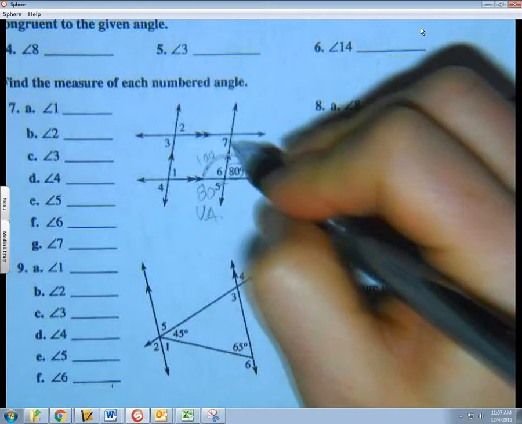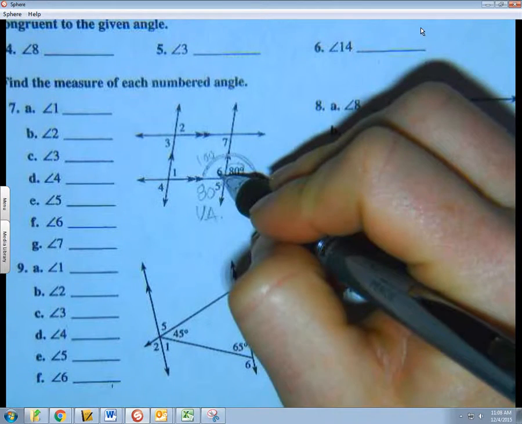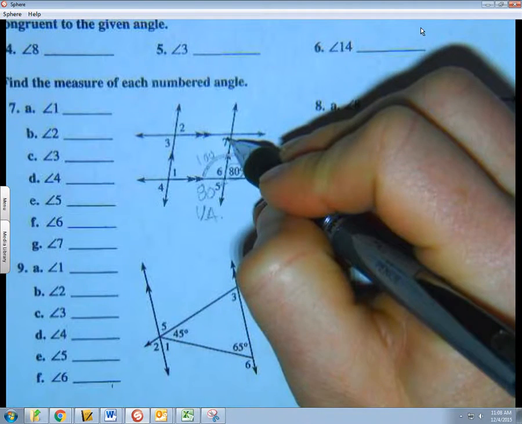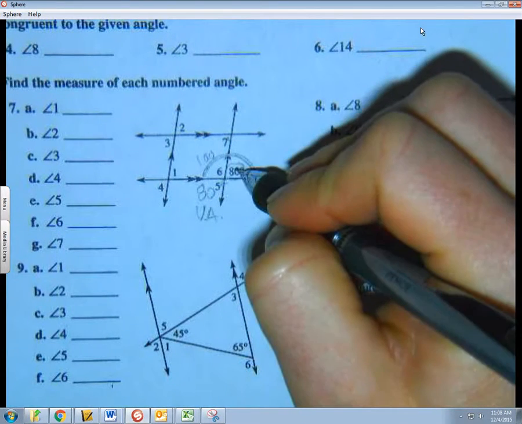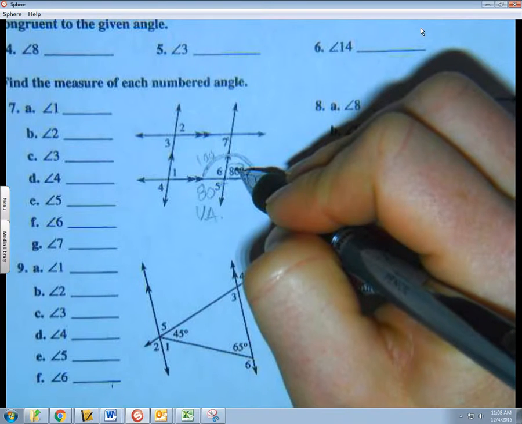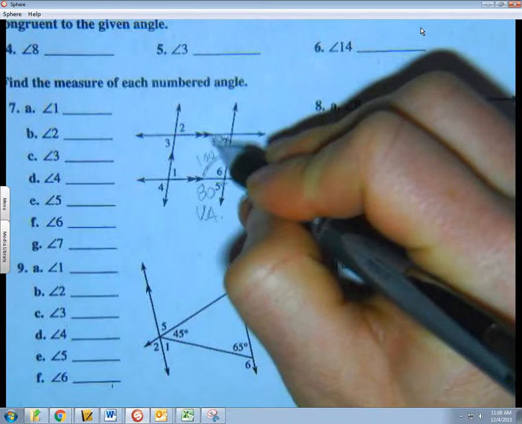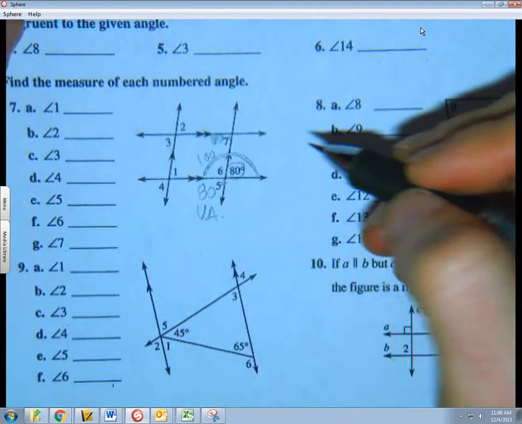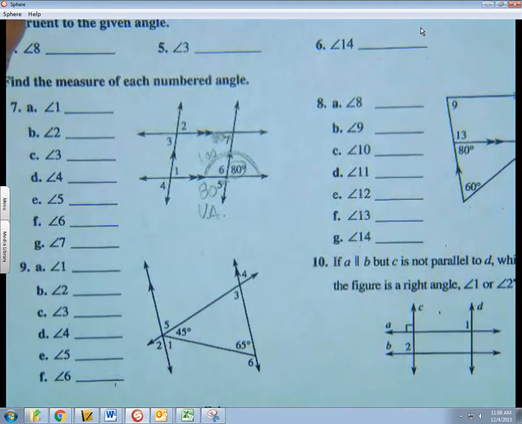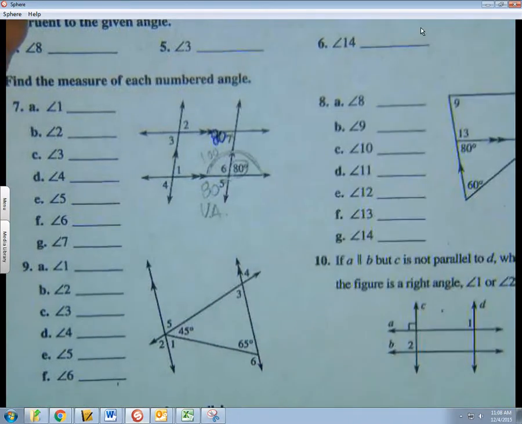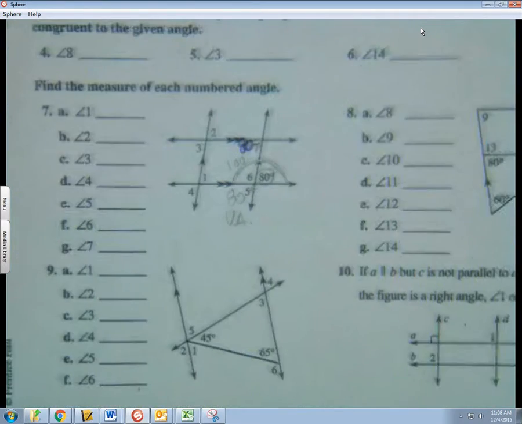Two ways to get 7. 6 and 7 add up to 180. They're same side interior. And 7 and this 80 here are alternate interior, and that makes them congruent. So they're both 80 either way. That might not be clear. Let's switch back to pen. That's 80.